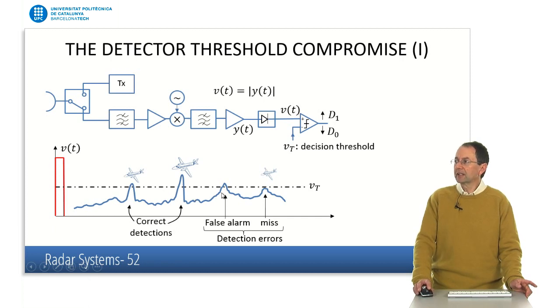Here, there is no target, but the noise after the filter overcomes the threshold level, so we get a wrong detection, that's a false alarm. And this very small target here is not enough to reach the threshold level, so we don't detect it. So we see here two correct detections and two errors, one false alarm and one miss.